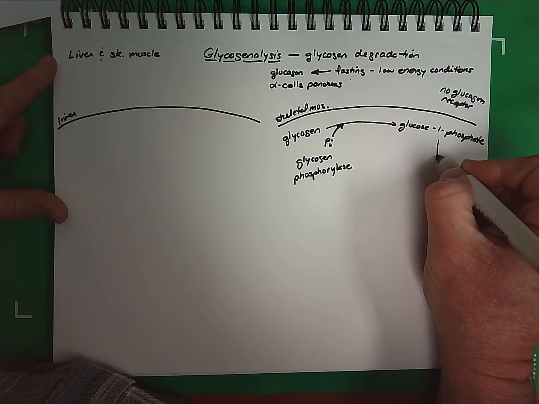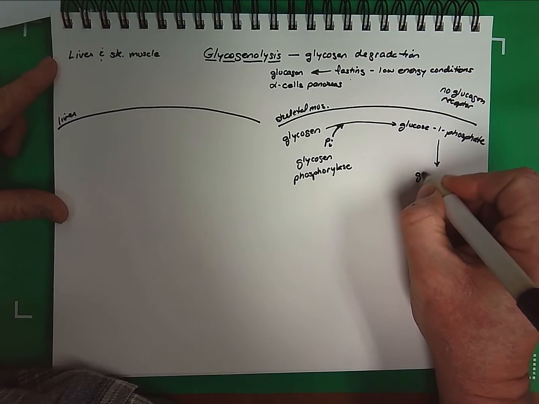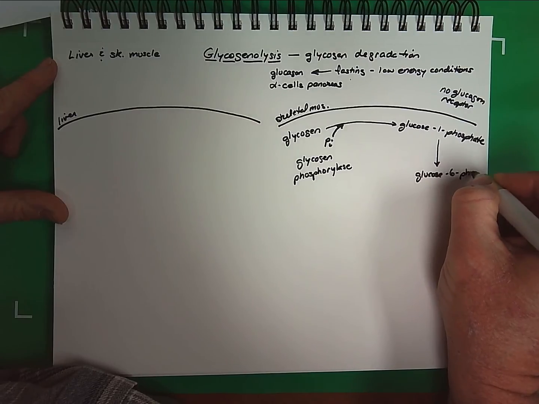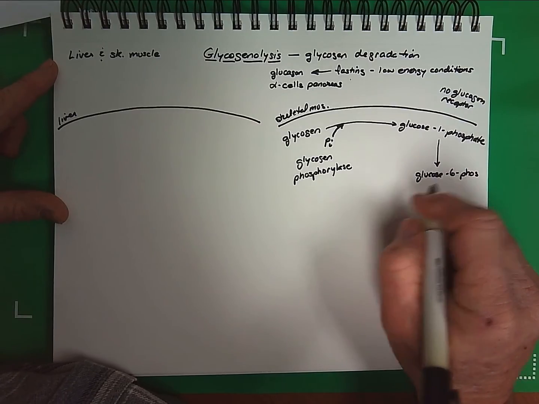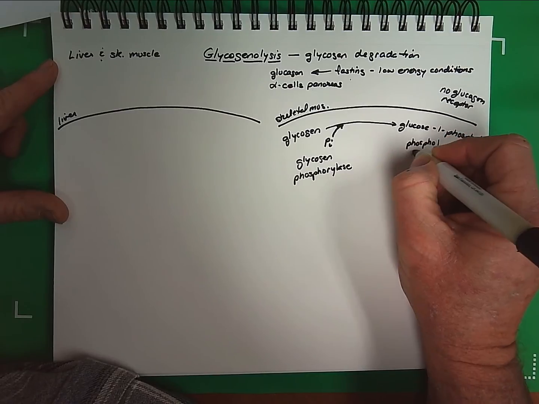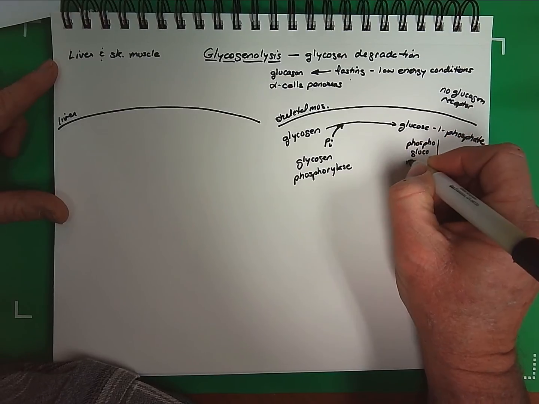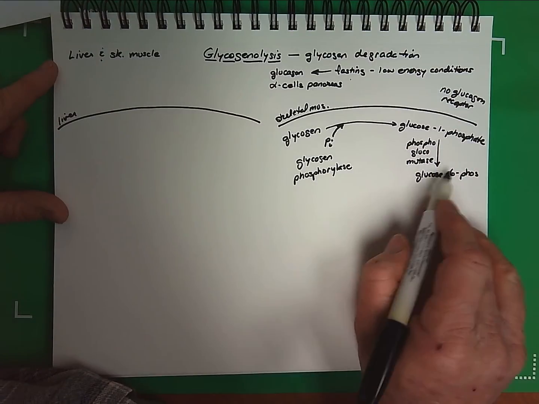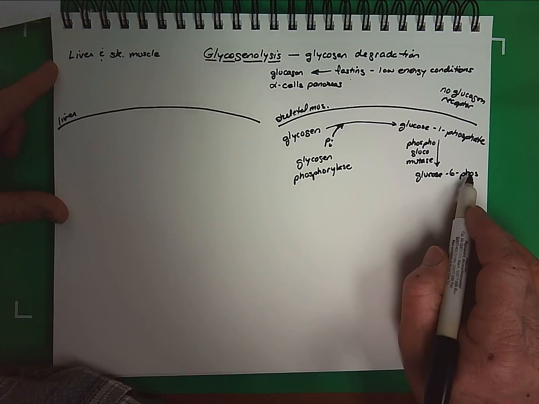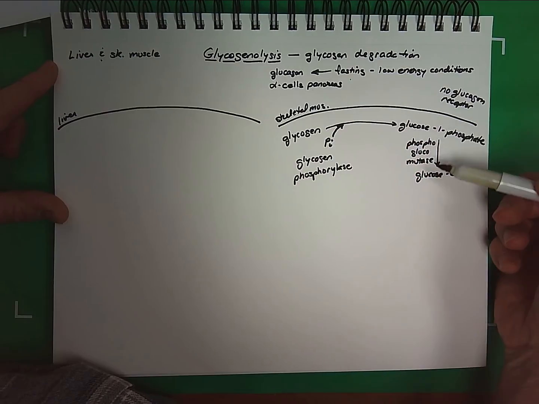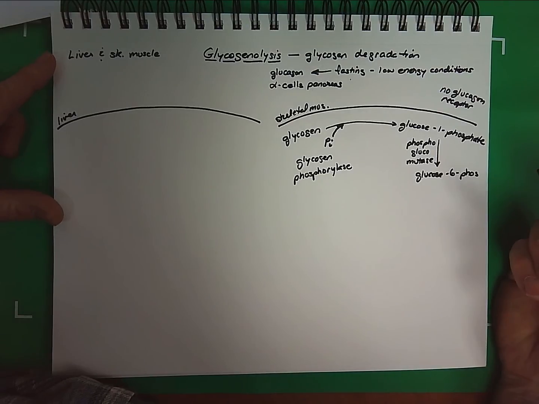Once we have glucose 1-phosphate, we can convert this into glucose 6-phosphate by, recall, the phosphoglucomutase enzyme. So the same enzyme that converted glucose 6-phosphate to glucose 1-phosphate for glycogen synthesis can perform the same reverse reaction.